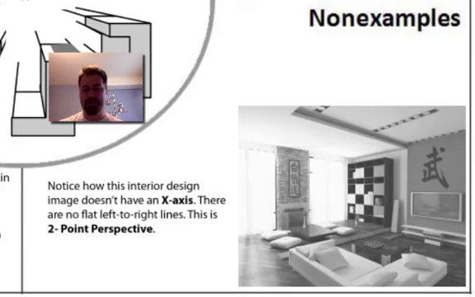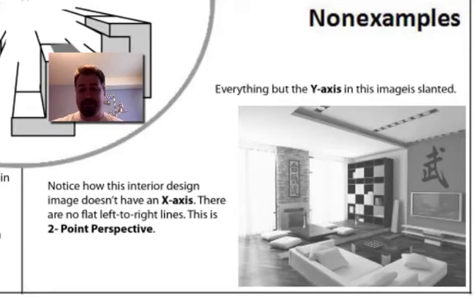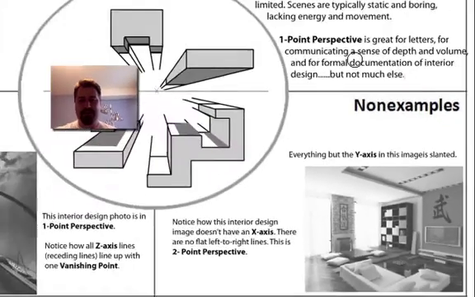There is no x-axis. Interesting. The reason why, and you'll learn in the future, is because this is in two-point perspective. There's no x-axis. There are actually two z-axes because there are two vanishing points that suck up the lines, so two areas that recede off into the distance. So in this picture, everything is slanted except the y-axis, things that go straight up and down. So yeah, pretty interesting. This is just an introduction.